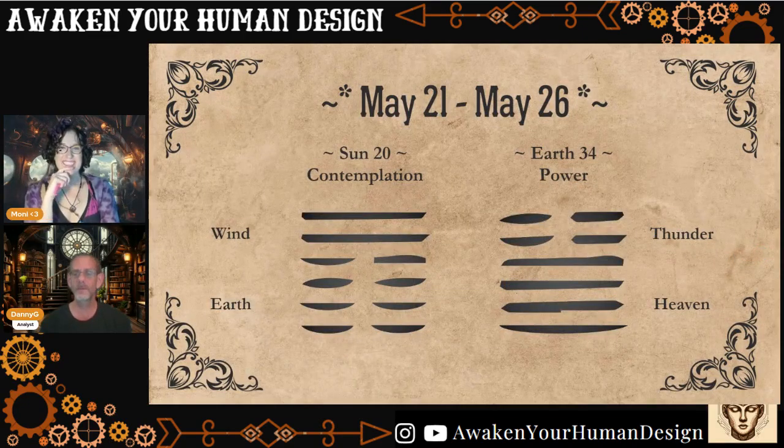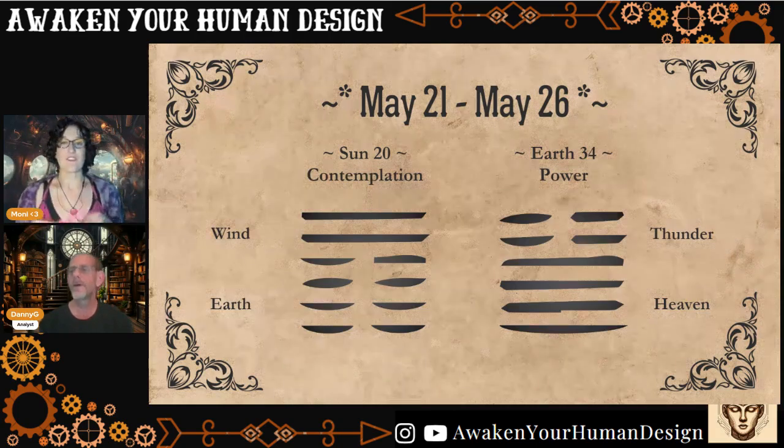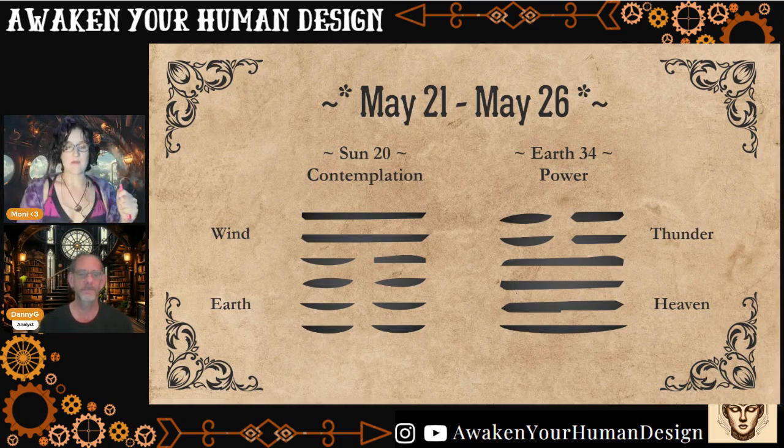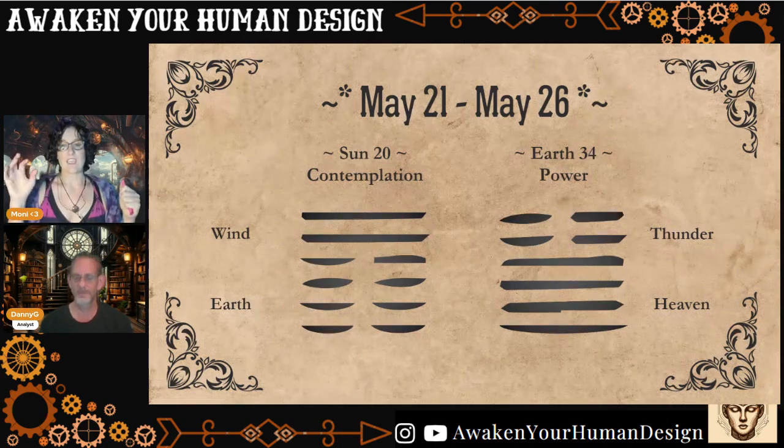Isn't this one fun? Just to show the polarity aspect of it and that relationship of the wheel and the gates that are 180 degrees apart in that polarity. If you notice the hexagrams on the left side, we have the sun, gate 20, and that now and that contemplation. We have the feminine gates on the bottom with the two masculine yang gates up top.